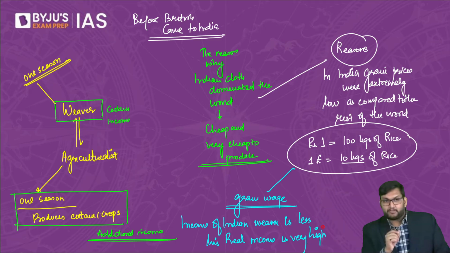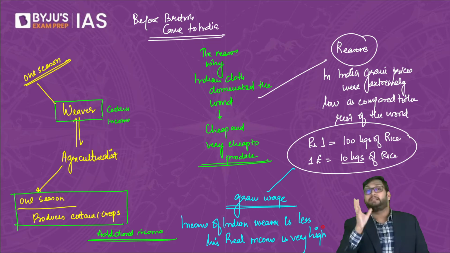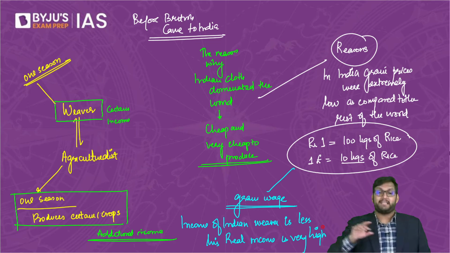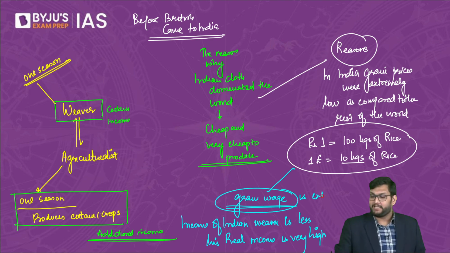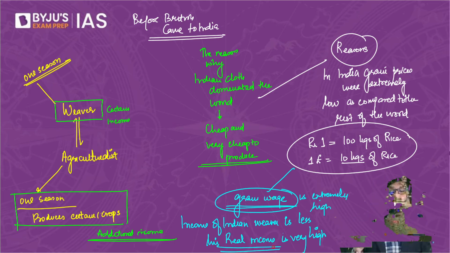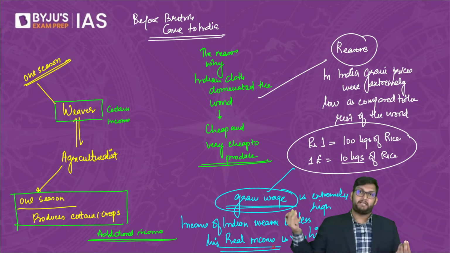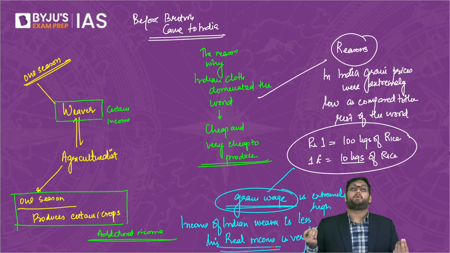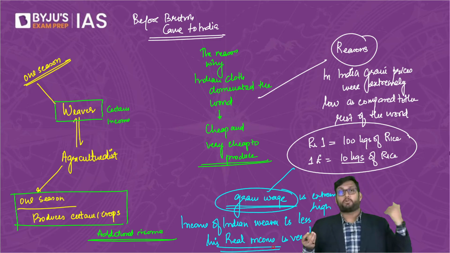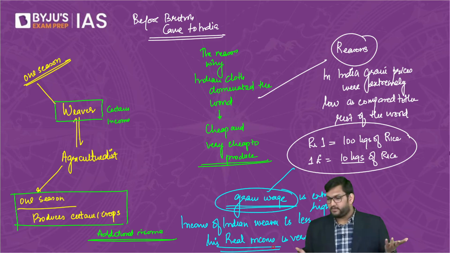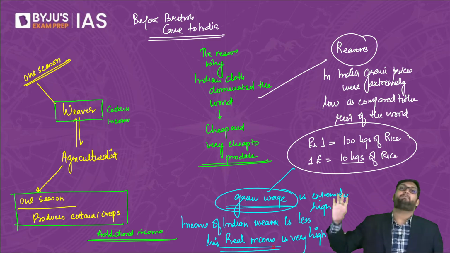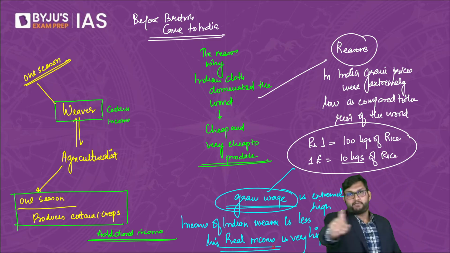Now in India, though the weaver only earns rupees 20, because grain wage is extremely high, the real income of our weavers was very, very high. Basically, if our weaver earned 100 rupees and a weaver in England earned 1,000 pounds, we would still be able to produce more things and buy more things. You'd have heard of this concept called purchasing power parity, because every country has a different exchange rate.